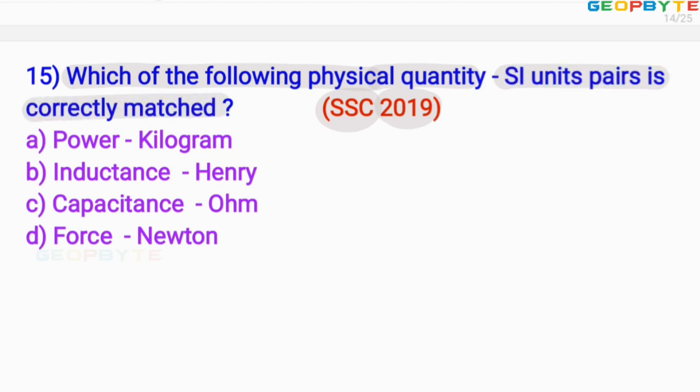Option A, power kilogram, no. Option B, inductance Henry, no. Option C, capacitance ohm, no. Option D, force Newton. Newton is the unit of force. Therefore, option D is absolutely correct. I hope you got my point. Let's go for the next problem.